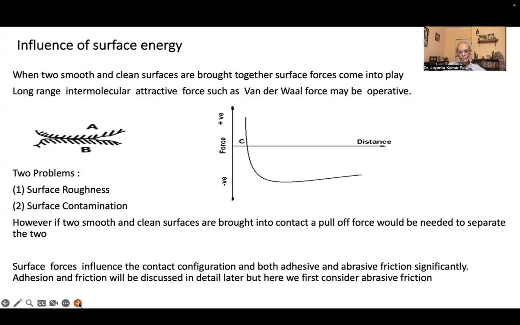So we can see that the total force that would be required would be the sum of the force up to the distance which we are applying. This is a very typical and well-known force distance diagram, the molecular force distance diagram, and we'll discuss this in more detail later.